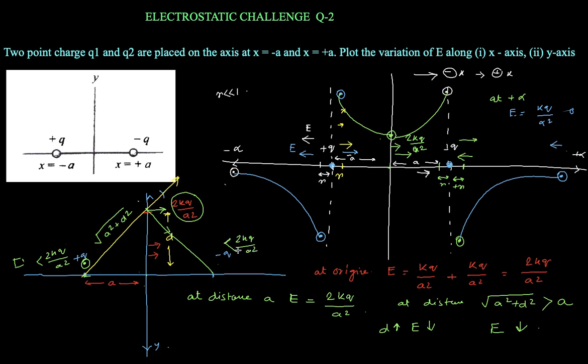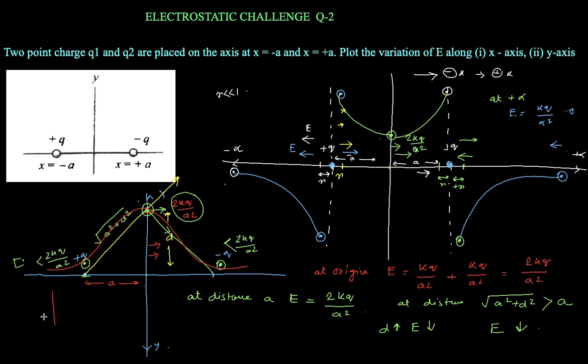So we can get another point over here. So we can get one point over here, and one point over here. So if you plot the graph on the y-axis, the graph is like this. So this is the graph for the y-axis.